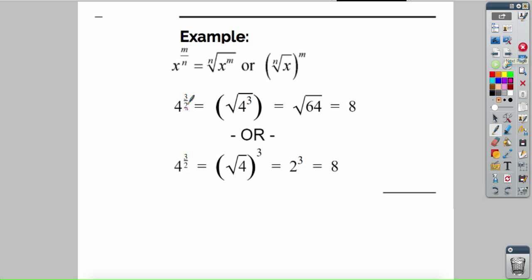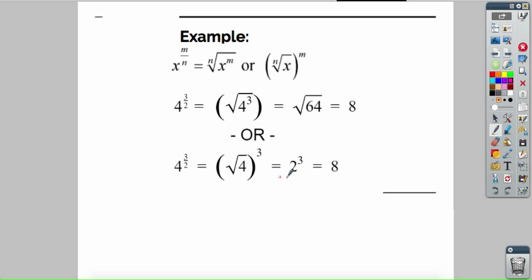If I have 4 to the 3 over 2 power, I can go ahead and cube that first. So there's my 3. I've got 4 to the 3rd, and then I would look at the square root. So if I did 4 to the 3rd, I get 64. Then I do my square root, and I get 8. Or I could look at it this way. I could do my square root first of 4 and cube later.